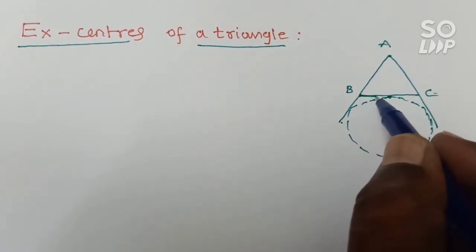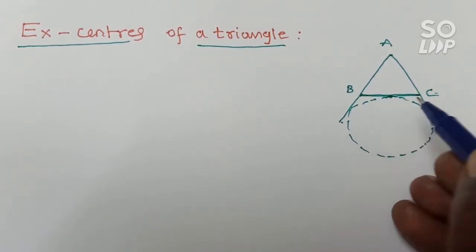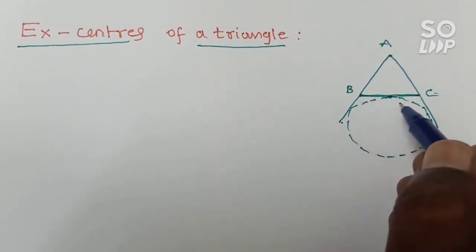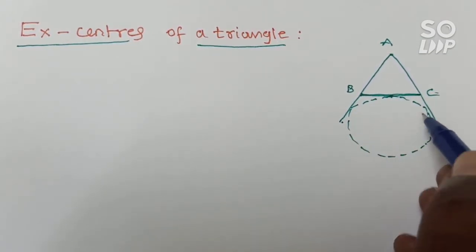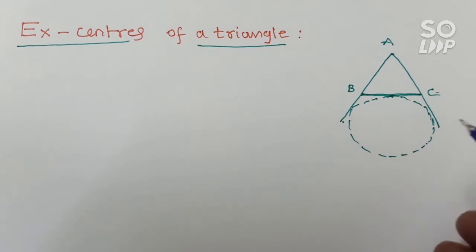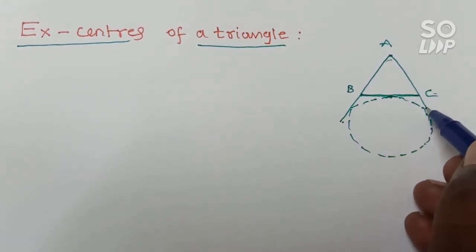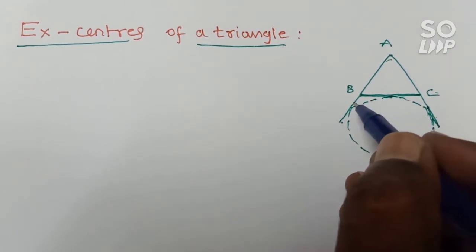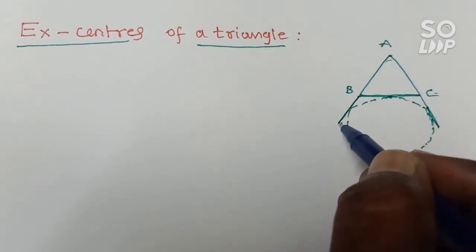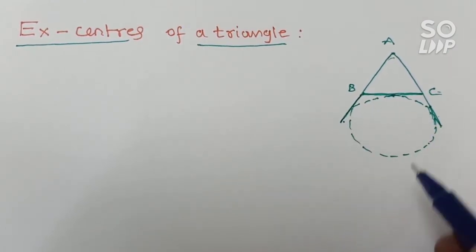Look at this one. This circle touches the side BC externally, and AB and AC touch it internally.